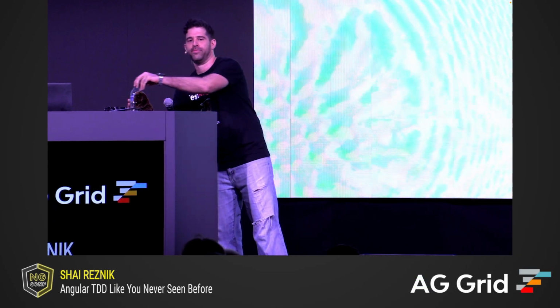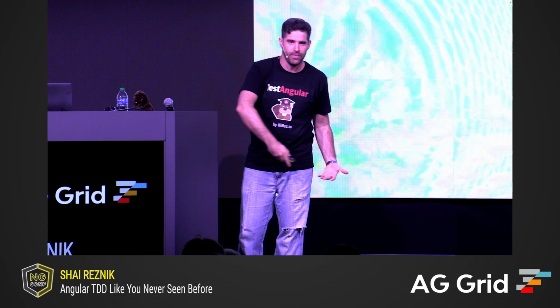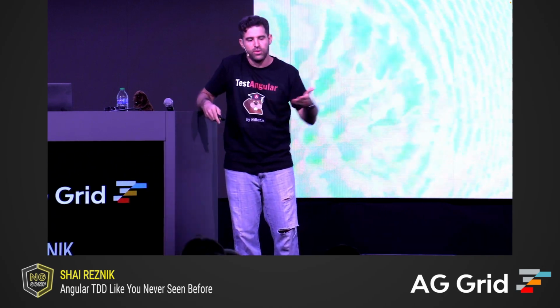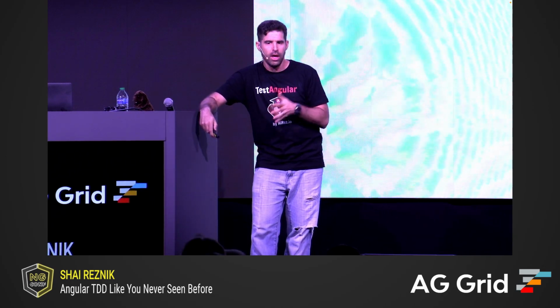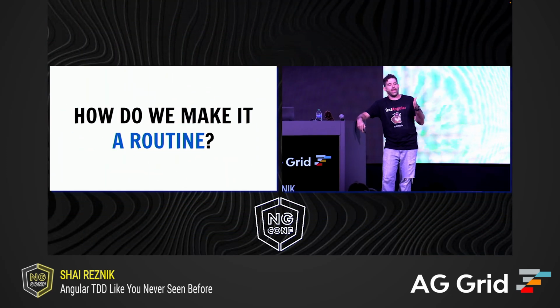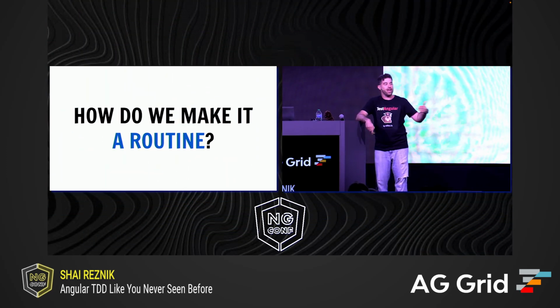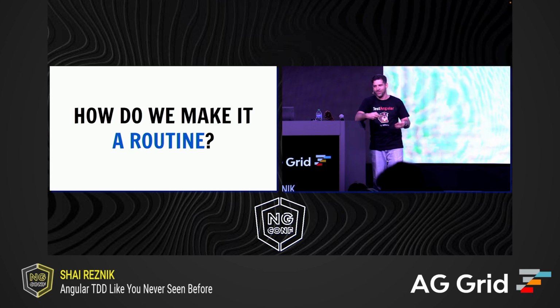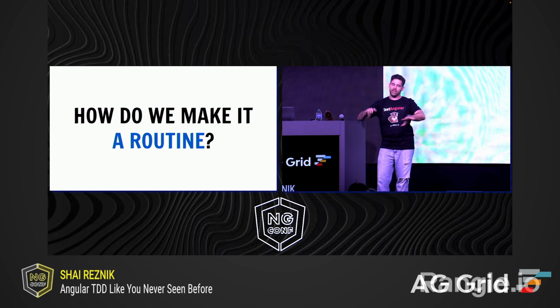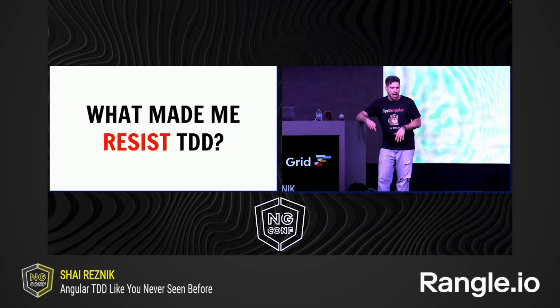Now my mission is to get more people onto this way, and I always think, how can we make it a routine? How can we make it simpler and such? Just like the Angular team are thinking about how to make Angular simpler, I'm thinking about the meta thing about testing.